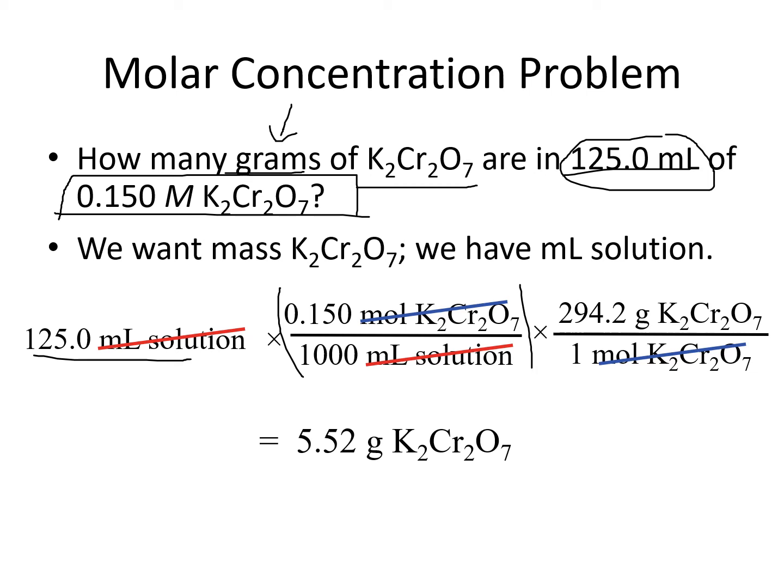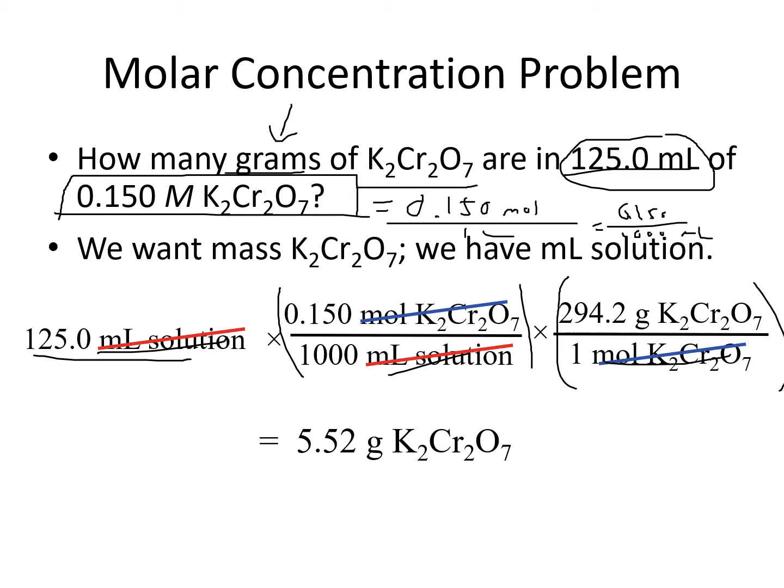So multiply by our conversion factor. 0.150 molarity, remember, is 0.150 moles over 1 liter, or 0.150 moles over 1,000 milliliters. So milliliters and milliliters cancel, and then we multiply by the molar mass to convert to grams. So moles on the bottom, grams on top. 294.2 multiply across, we get in 3 sig figs 5.52 grams.